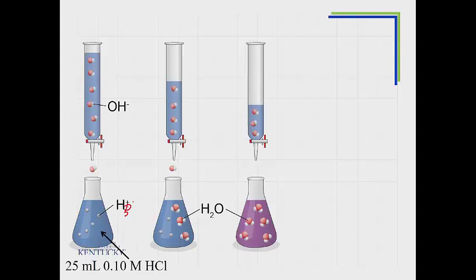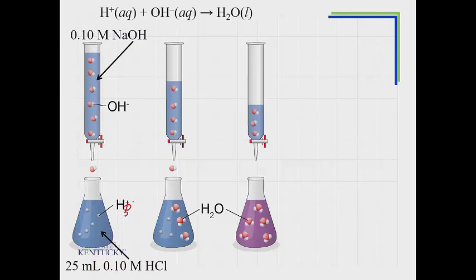And up here in the burette, I have sodium hydroxide. I've got the same concentration of sodium hydroxide as I have HCl. All right? Now, this is the reaction, right? Same reaction. It doesn't matter which way you want to think about it.